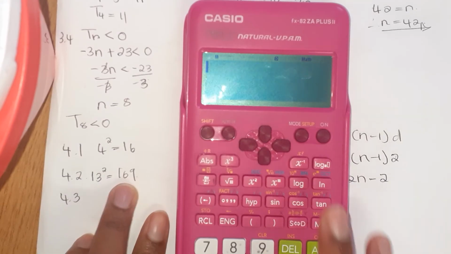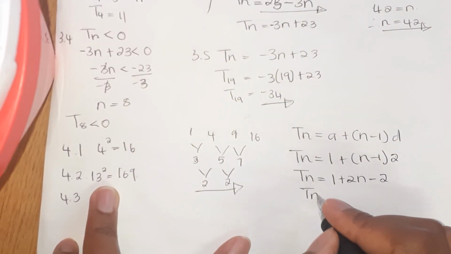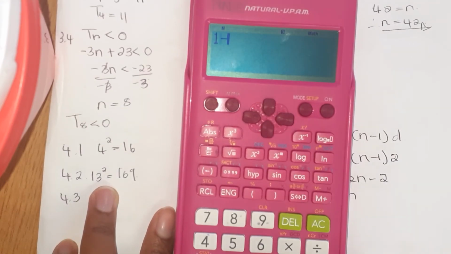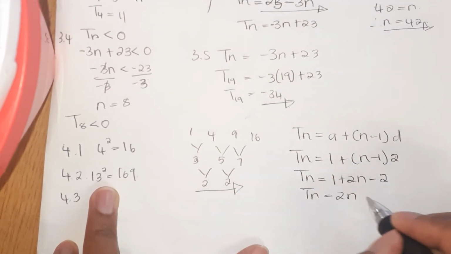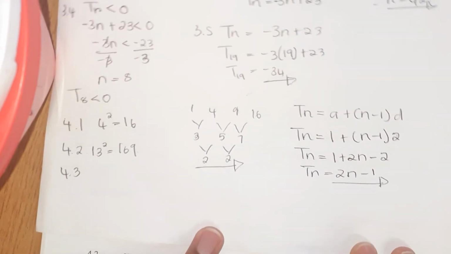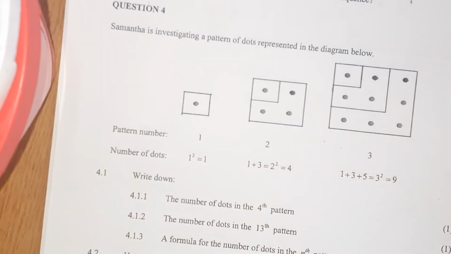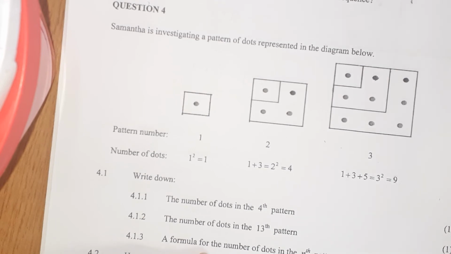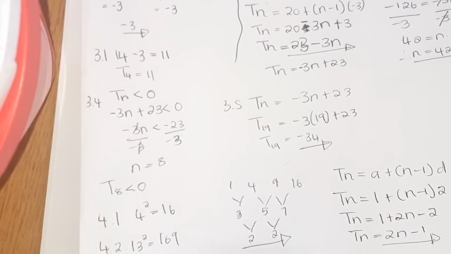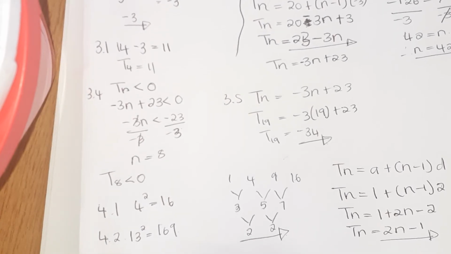So Tn equals 2n, then 1 minus 2 is negative 1. Here we have the nth term. Now we can calculate a formula for the nth term pattern.